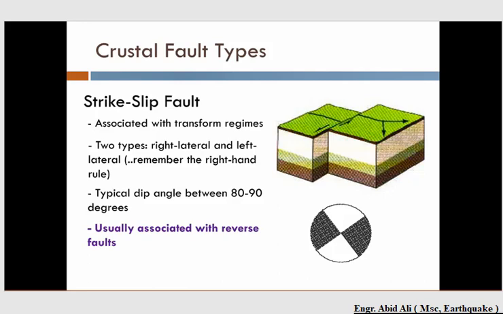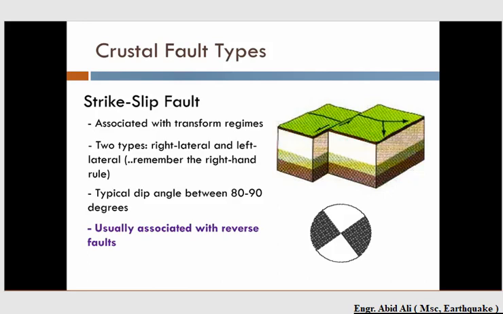If an earthquake occurs while they are shaking hands, and the person whose hand they are shaking moves to their right, that means it's a right lateral strike slip fault. If that person moves to their left, then you have a left lateral strike slip fault.